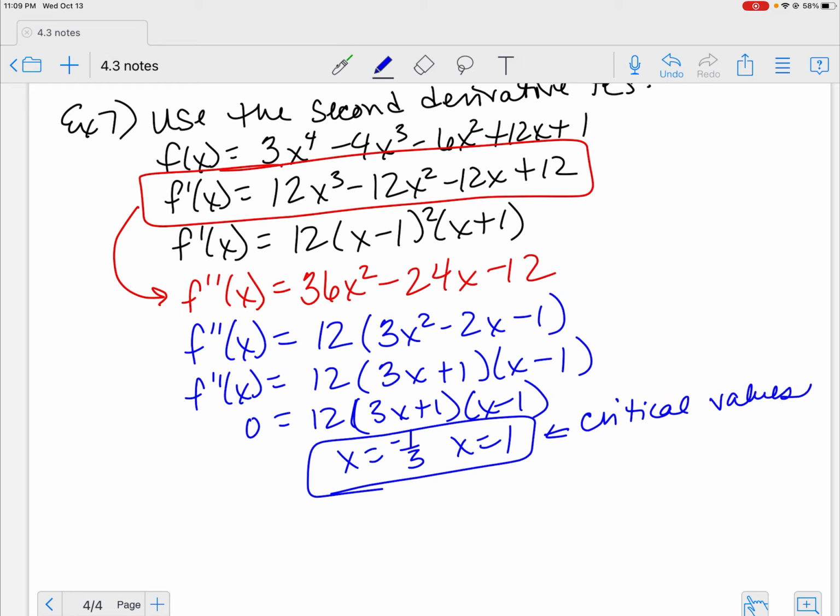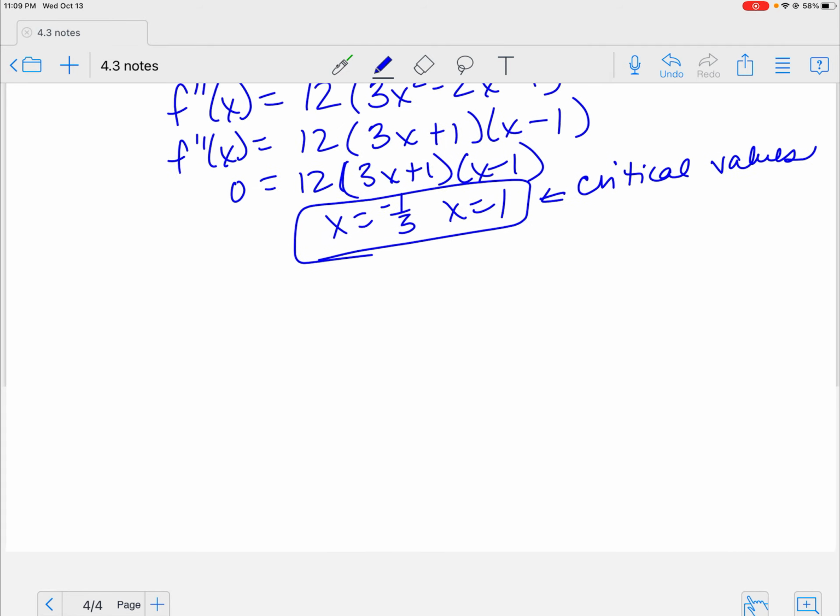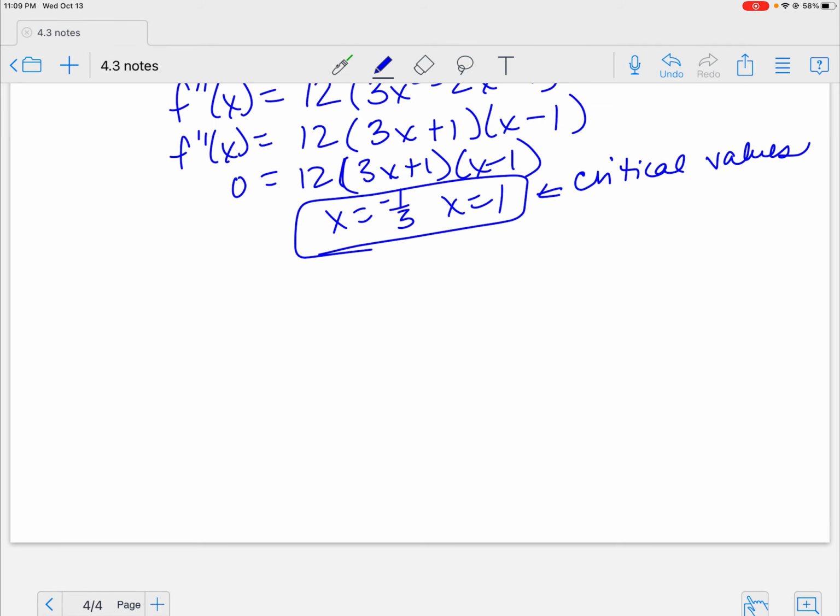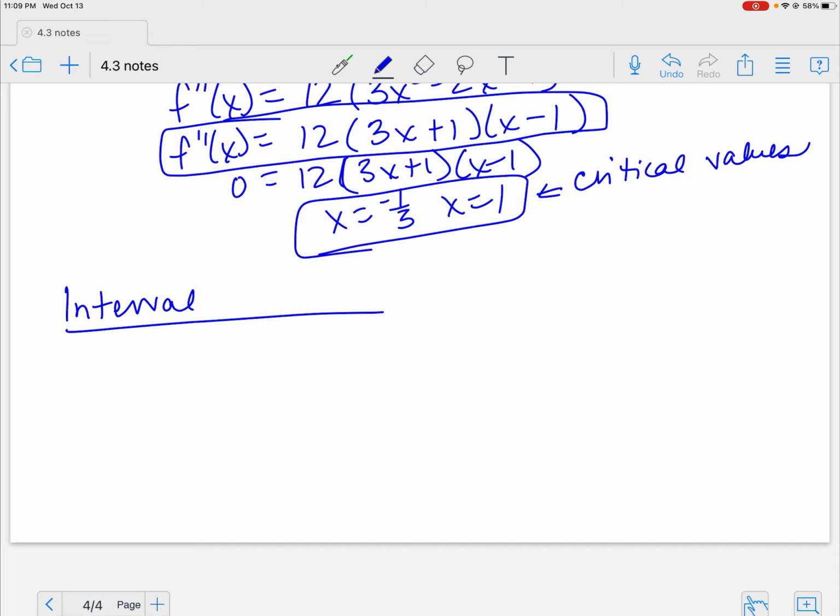Now again, if it were in the denominator or something happened there, we could still use those as critical values. That's no problem. But this is just a polynomial, so I don't have to worry about anything undefined. I'm going to scoot this up so we can still see our derivative that's factored, because this is the nice one to plug into. Same thing, we're going to do the same chart. We've got an interval.